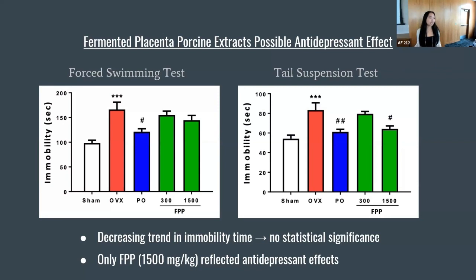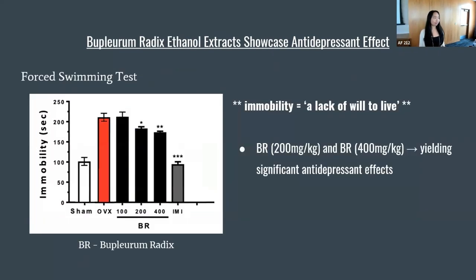Another thing we see is that there is a decreasing trend. However, after statistical testing, we only found some significance at a dosage of 1500 mg/kg of FPP, but not for anything less than that.